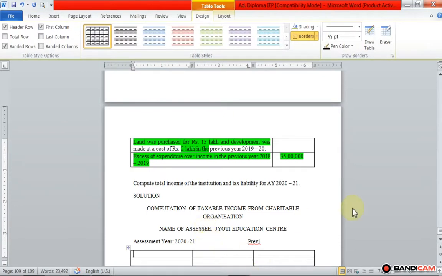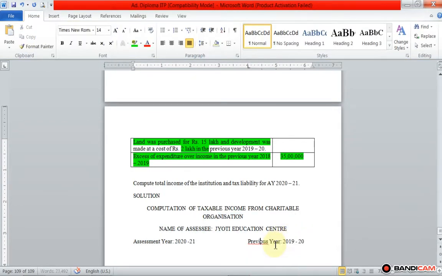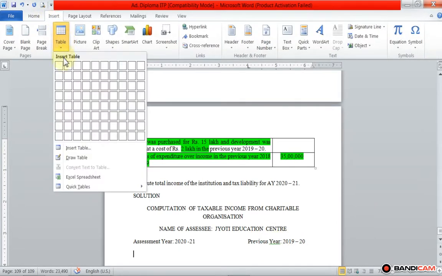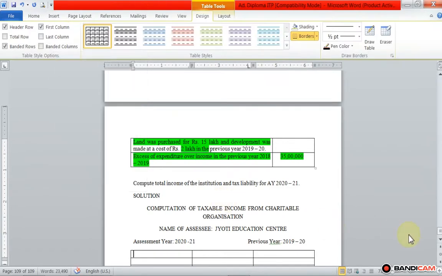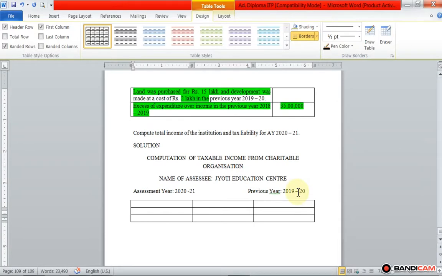Okay, so first column is particulars, second column is rupees, third column is rupees.